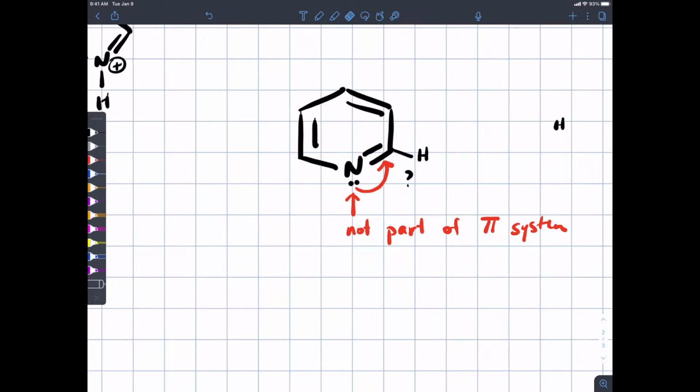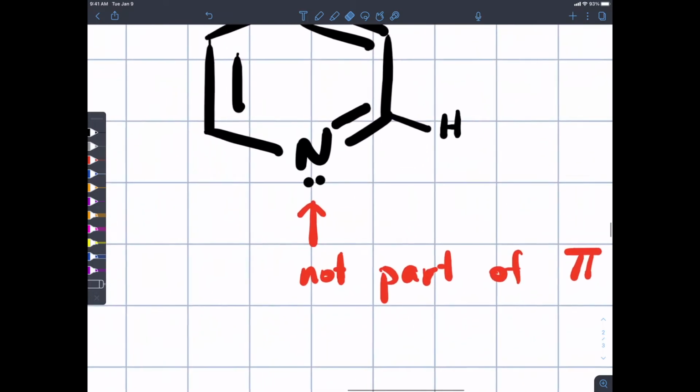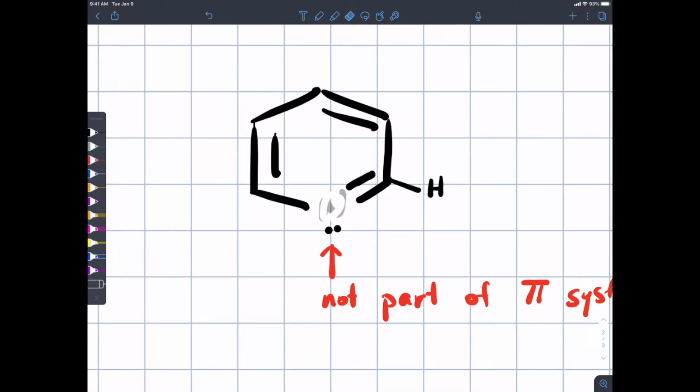So yeah, they're not involved in resonance, and that is the easiest way to recognize that they're not part of the pi system. The second way you can think of it is just to consider, again, the hybridization of the nitrogen, and which atomic orbitals on nitrogen are involved in which of these bonds, right?